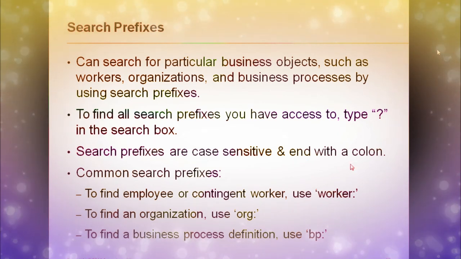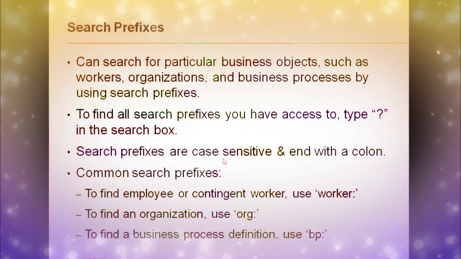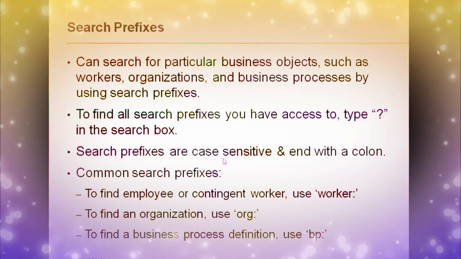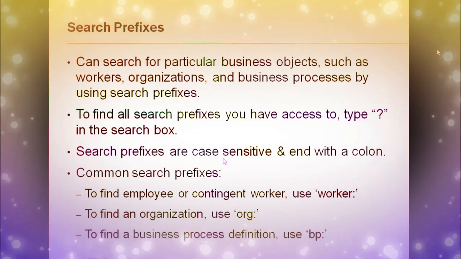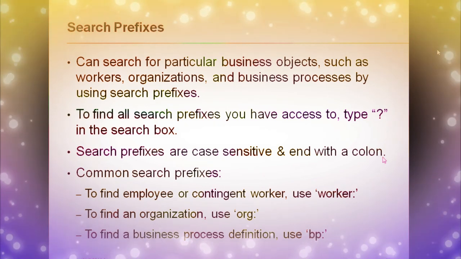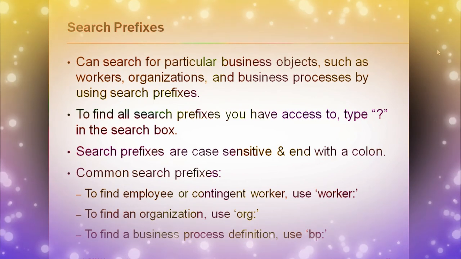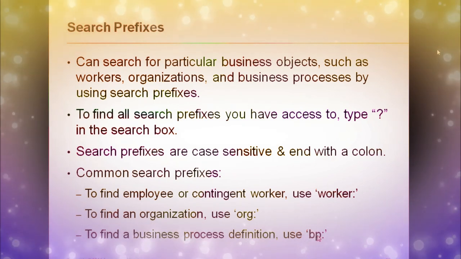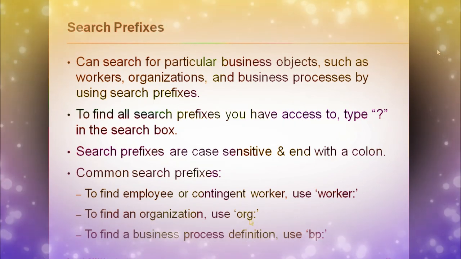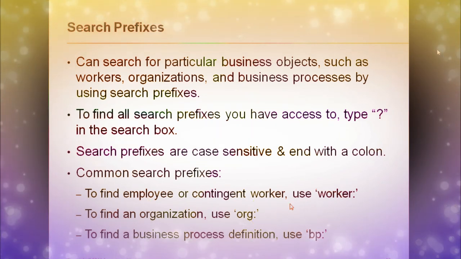Here you can see the examples. They are case sensitive, right? We should not give capital letters. They are case sensitive and end with a colon, so we call those prefixes. Business process is BP colon, organization is ORG colon, and to find an employee or contingent worker, we use worker colon.